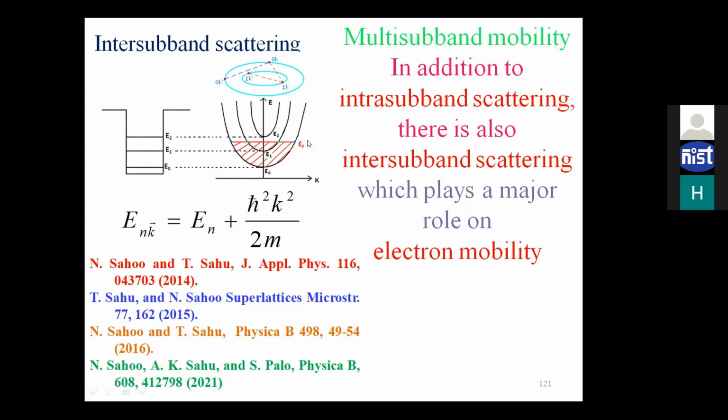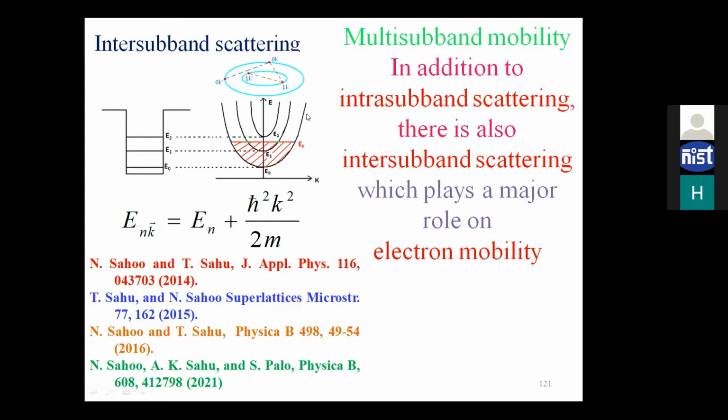The states below the Fermi level can contribute to the conduction process. That means the electrons present below this Fermi level can contribute to conduction. Let's see if we take a cross section of this parabolic approximation.